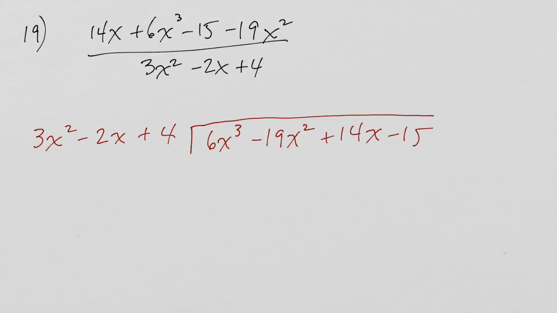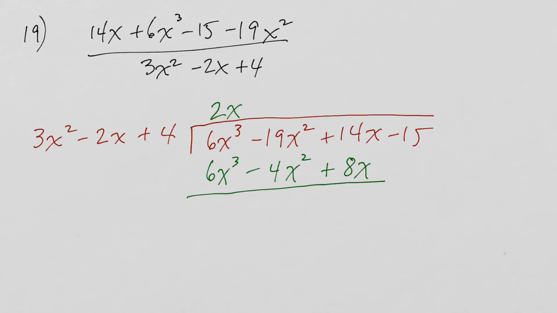All right. I'm only looking at the first term, and I have to multiply the 3 by a 2x to get to 6x cubed. Once we choose that, we multiply, and we get 6x cubed minus 6x squared, not 6, but 4. 2 times 2 is 4. 4x squared plus 8x.